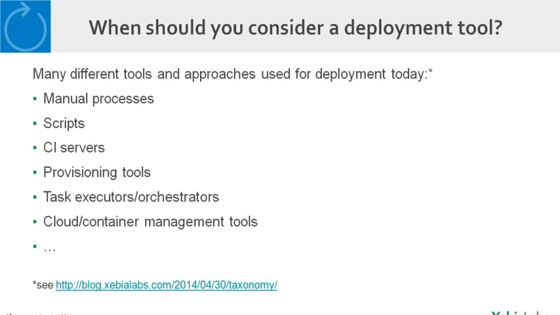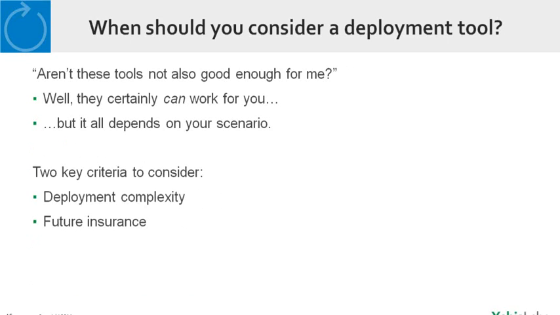And then I think what we're seeing is more and more interest in task executors or orchestrators such as Ansible, and formerly Rundeck, and of course there's a bunch of others, plus all the cloud container management tools such as RightScale, ElasticBox, OpenStack Heat, OpsWorks, the list just goes on and on in that particular space.